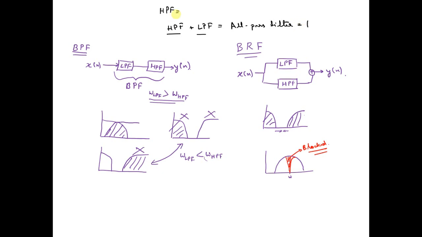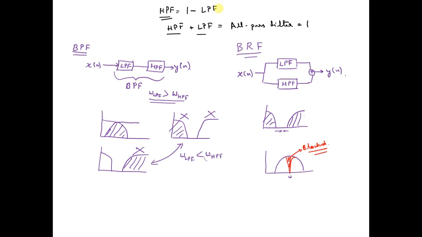So 1 means you're taking the signal, and if you want to get the high pass filter component, 1 minus low pass filter gives you the high pass filter. So you have designed the high pass filter also.